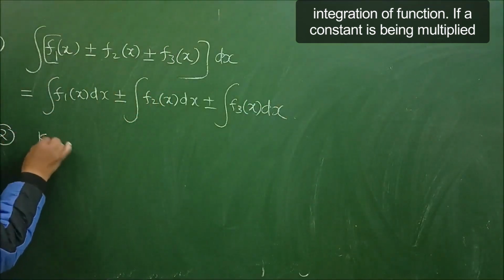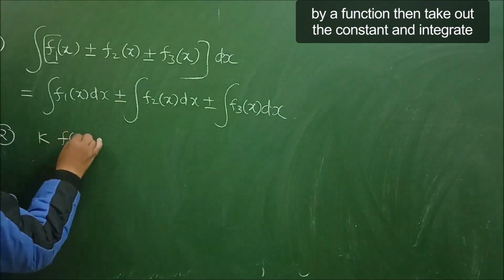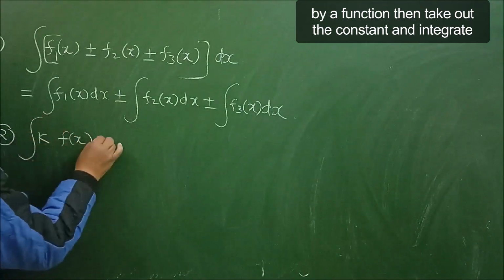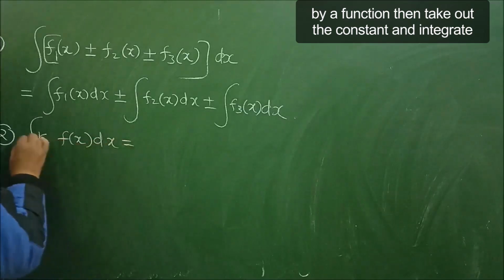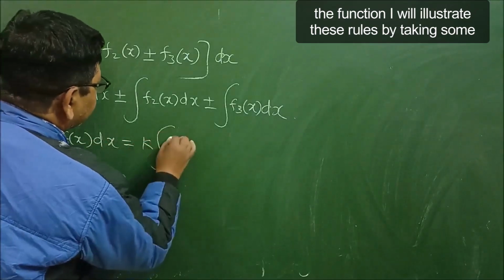If a constant is being multiplied by a function, then take out the constant and integrate the function.